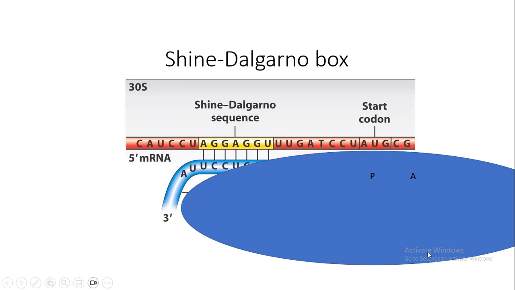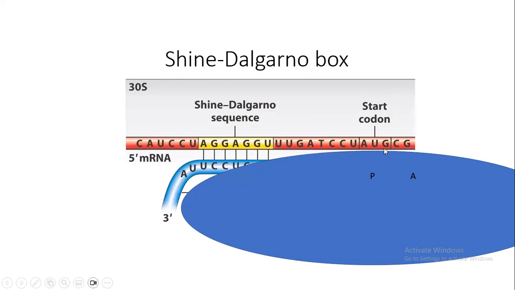So basically, the ribosomes read the messenger RNA sequence wherein you have specific interaction taking place between the Shine-Dalgarno sequence that is present upstream of the start codon, and there is specific base pairing that is taking place between the Shine-Dalgarno sequence and the 16S rRNA, which is part of the 30S ribosome. This base pairing ensures that the start codon is being placed at the correct position, that is the ribosomal P site.